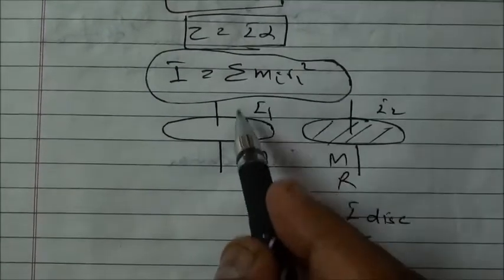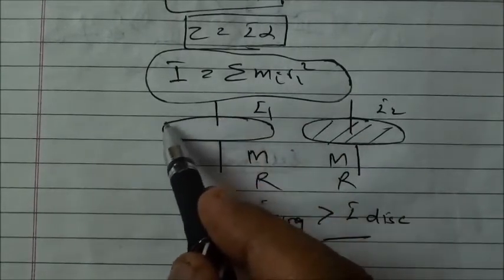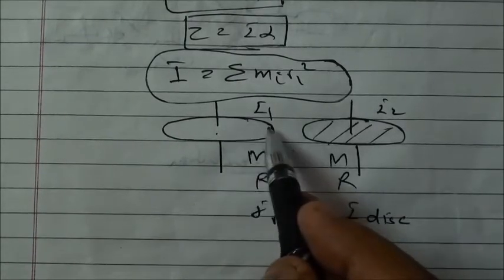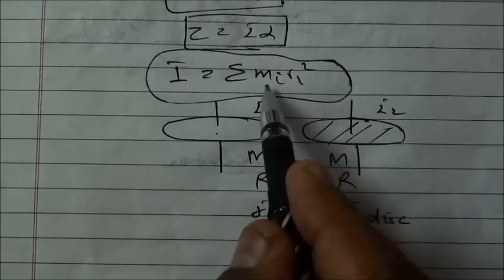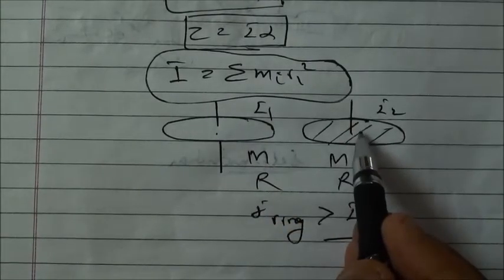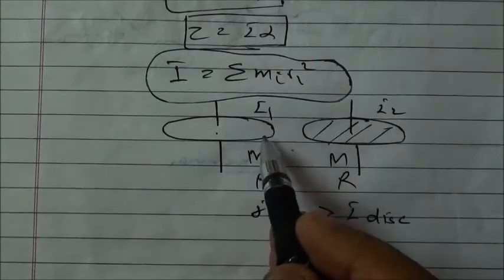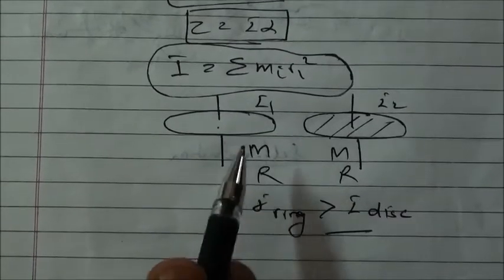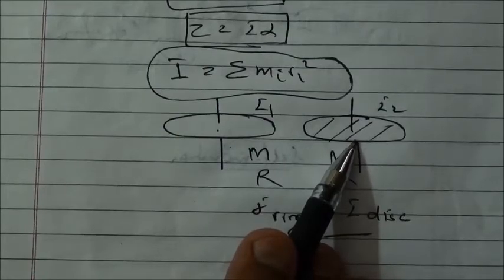Reason? When we calculate I equal to m r square, all the particles of which the ring is made up are at maximum distance from the axis. While in the case of a disk, some particles are very close, so the value of m r square for those particles will be less. And when we add it, it will be less than m r square for all particles here. So this has more moment of inertia than this.